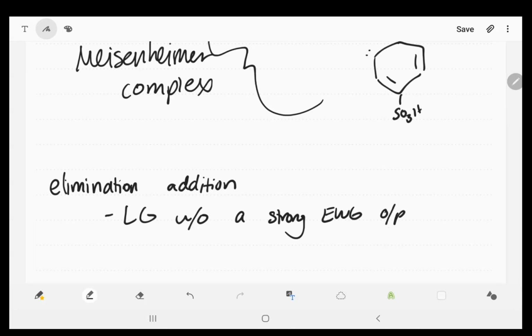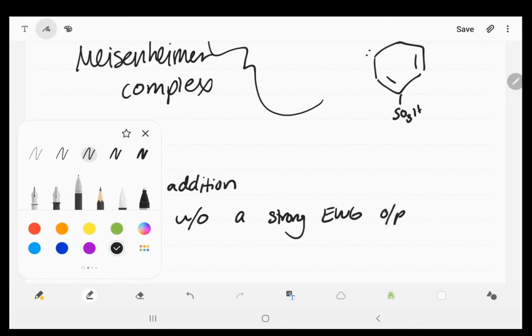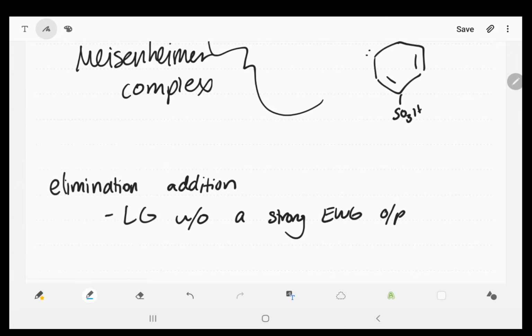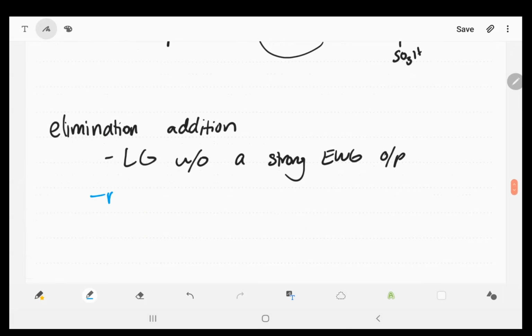So we're going to see here that the elimination addition reaction requires a lot of heat and pressure. Because without that kind of favorable resonance, we're going to have to really crank things up.